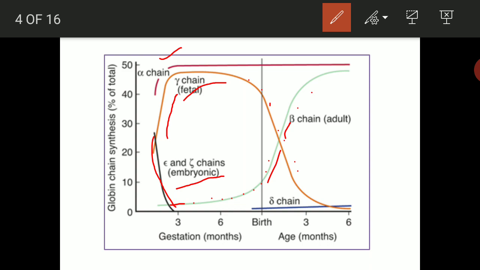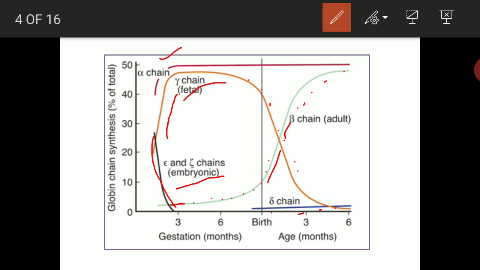Adult hemoglobin is majorly composed of alpha and beta chains, so 2 alpha and 2 beta is adult hemoglobin. You also see a little bit of delta chain just before birth, and it remains at a low level in adult life also. So 2 alpha and 2 delta chains constitute HbA2.